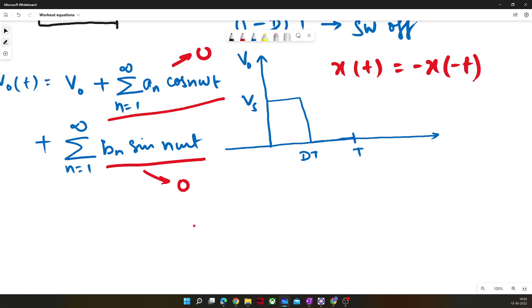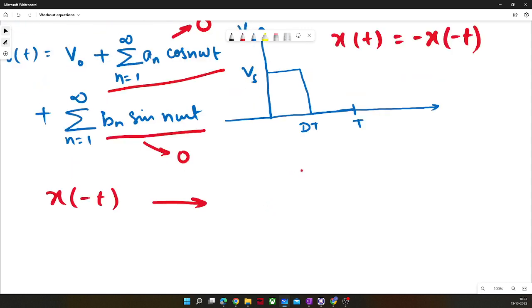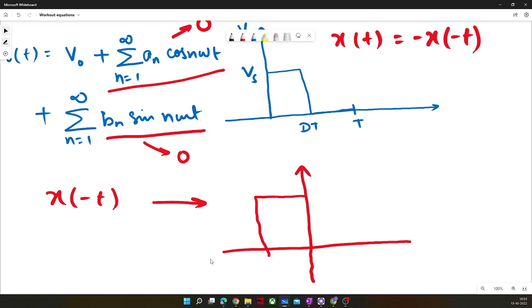I will first take x of minus t. I will do this operation on the waveform. So what will I get? I will get the mirror of this waveform across the y-axis, right? So this should be DT, and this is your x of minus t.